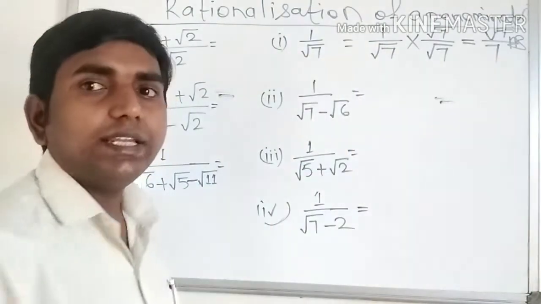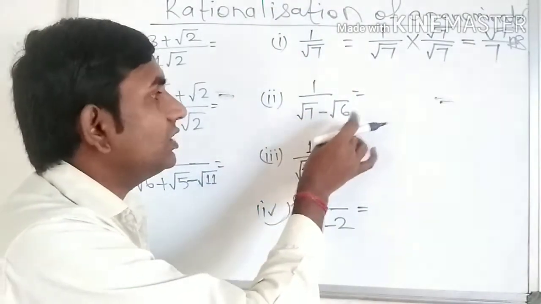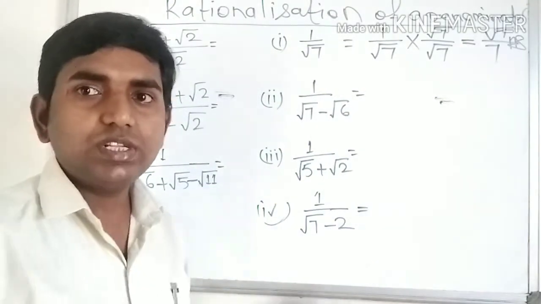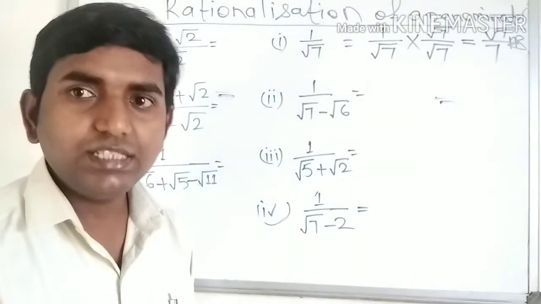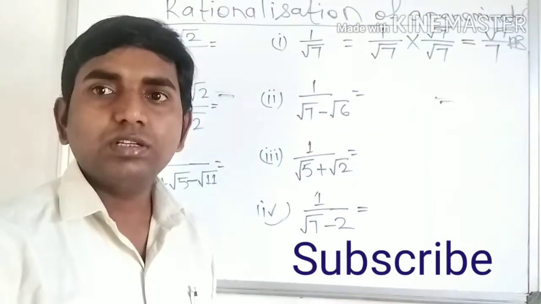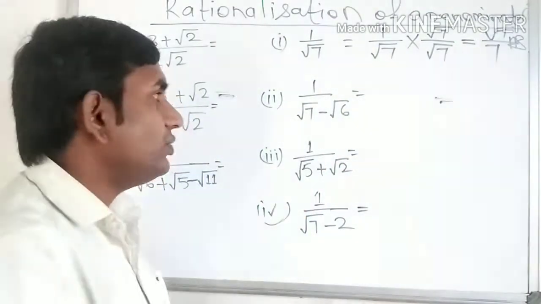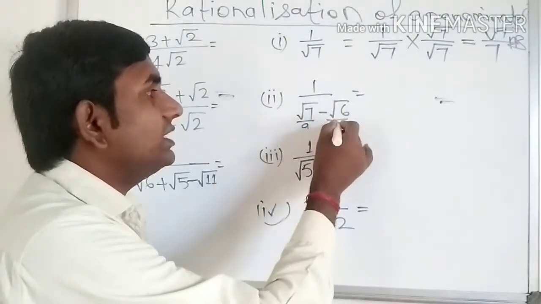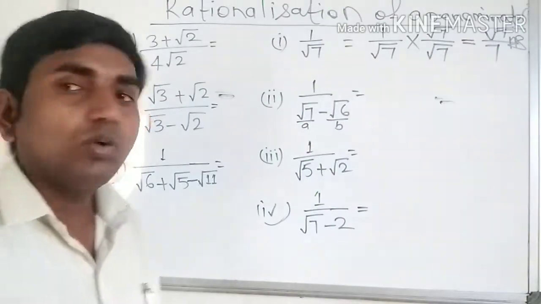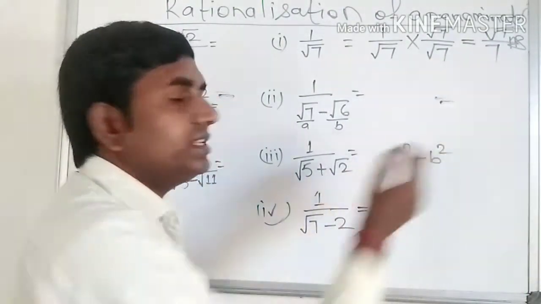Now in the second question, 1 by root 7 minus root 6 is given and we want to rationalize it. For this we have to remove the square root from the denominator. Here we find a minus sign. If we assume this is a and this is b, then we want to change it into the form a square minus b square.